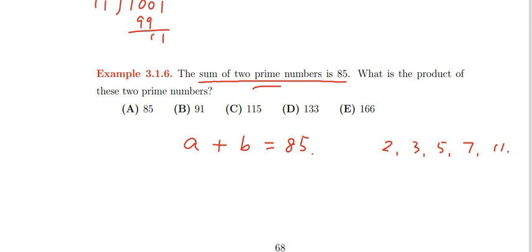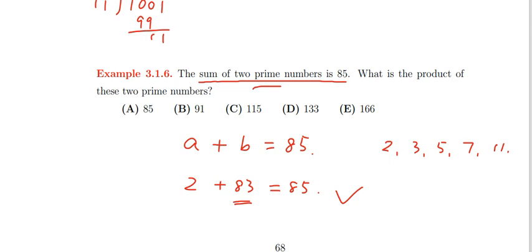The sum is odd, meaning one is even and one is odd. Since odd plus odd is even, a should be 2, so the other should be 83. Is 83 also a prime number? Yes.